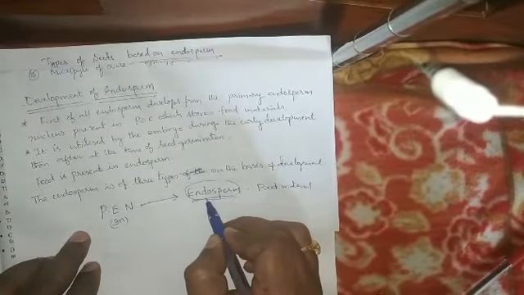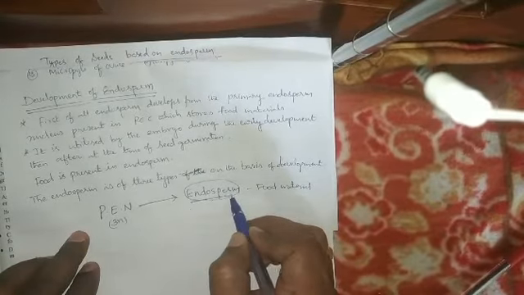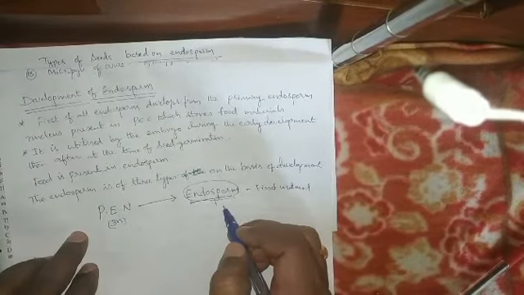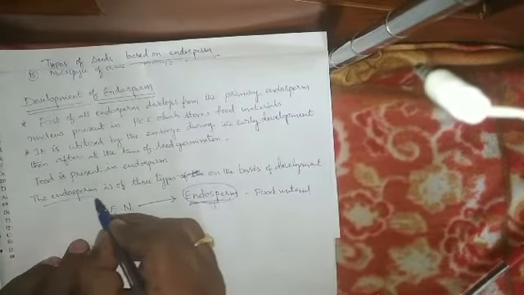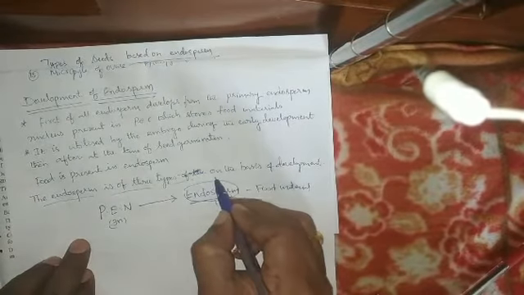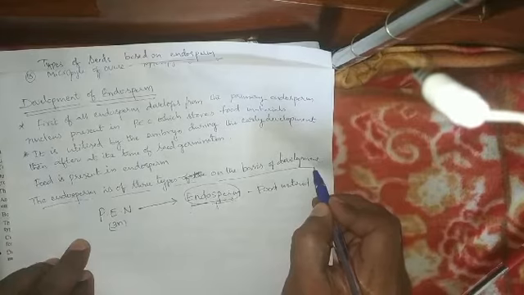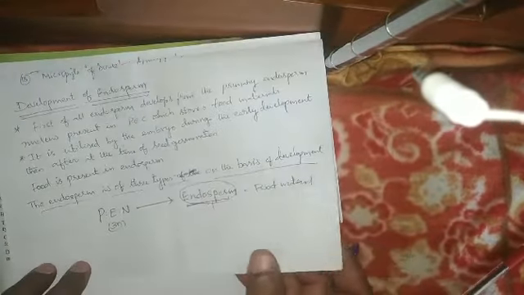So in the endosperm, food is present. Endosperm is of three types on the basis of development. So let us see those three types of endosperm.